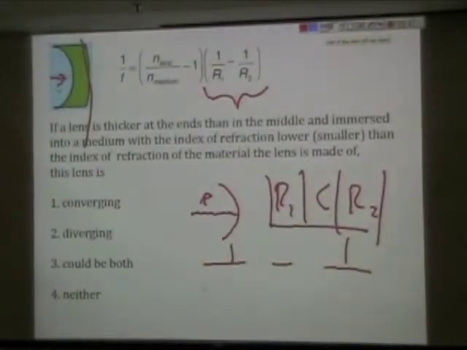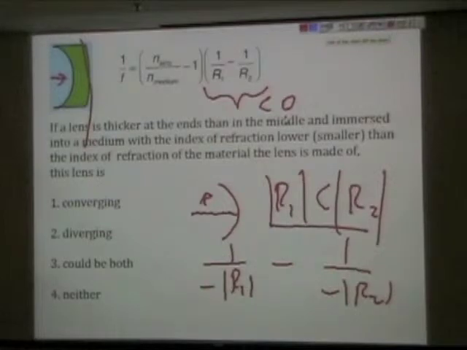Negative. So it's minus this, minus this. This is just a repetition of the previous situation. So what we have here, again, is some negative number. However, what can we say now about this combination?